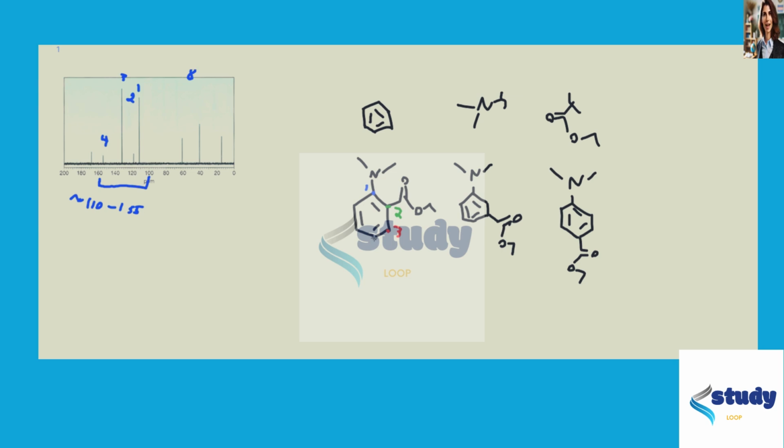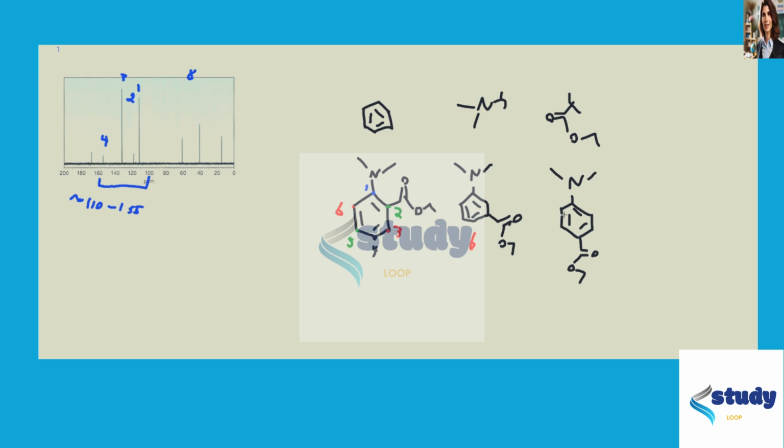Then we have a carbon that's now 2 carbons away from this ester and 3 carbons away from this amino group, and that's carbon 4. And now we have a carbon 5, because this is 3 carbons away from the ester and only 2 carbons away from the amino group. Then, lastly, carbon 6, because this is adjacent to the amino group. The same can be said for this molecule here. We will have 6 different types of aromatic carbons.